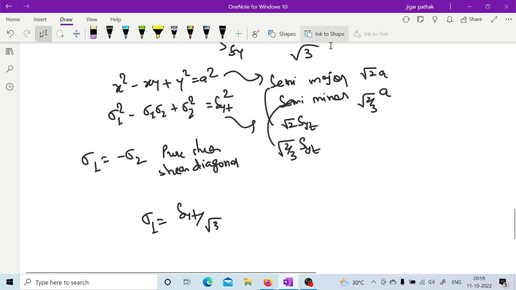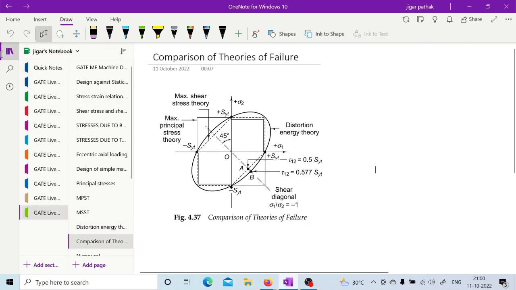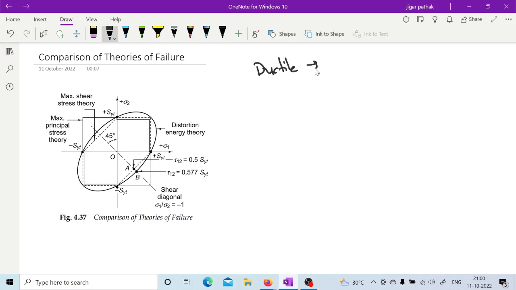Now after having an idea about all these three different theories of failure, here you have a comparison of the theories of failure. For ductile material you use MSST and this distortion energy theory, while for brittle material you use the maximum principal stress theory.